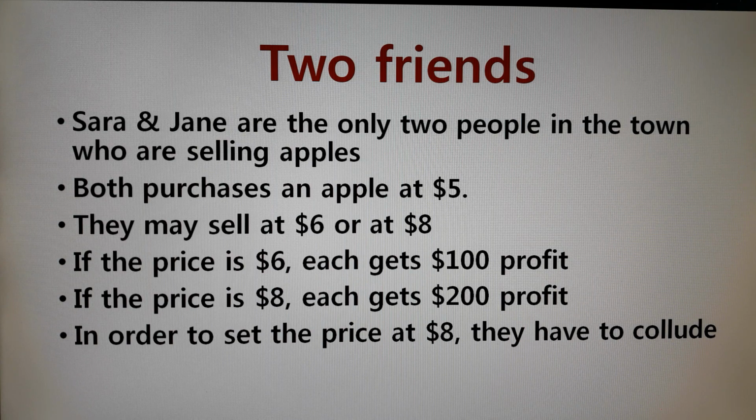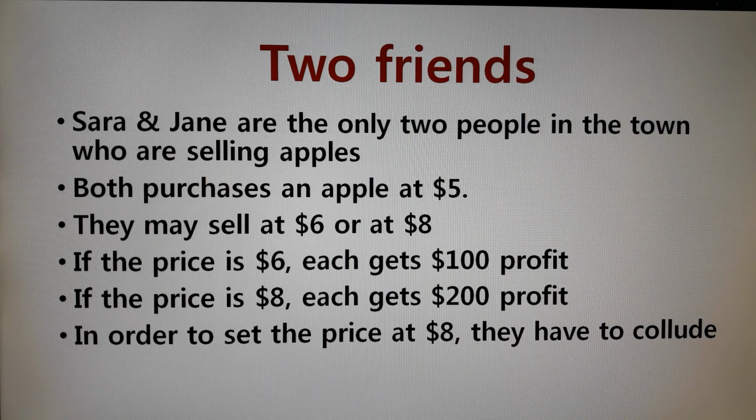But in order to set the price at a higher level, which is $8, they have to collude. Collude means the sellers, the producers, do not set the price independently. They talk to each other and probably increase the price.